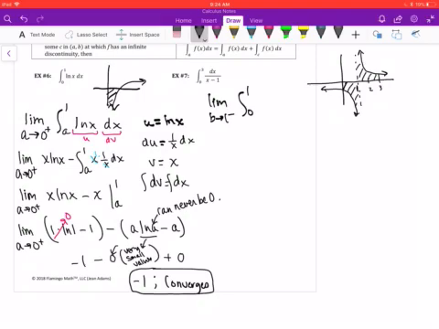So that would be my upper limit of integration, 1 over x minus 1 dx, plus, sorry, I'm going to have to write it down here. This time, it's going to be my lower limit of integration, and I'm going to be approaching 1 from the right. So the limit as a approaches 1 from the right, integral a to 3, 1 over x minus 1 dx.